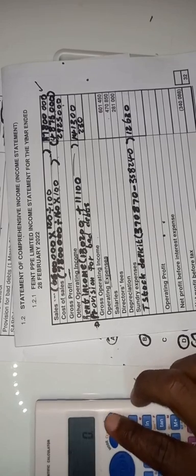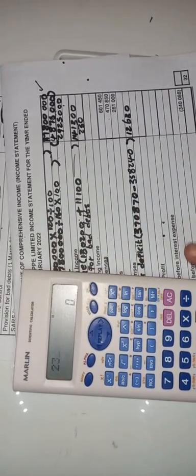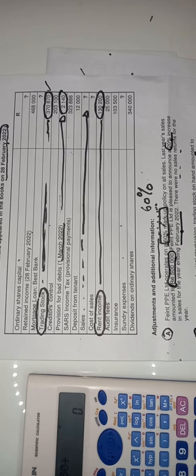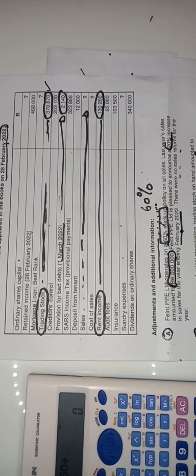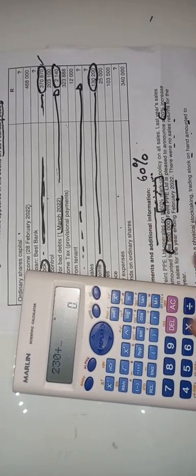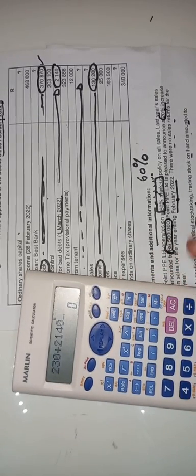So what if they said, let me do a hypothesis, 230 plus, I want to give you an example, plus 2,140. 230 plus 2,140 is 2,370.